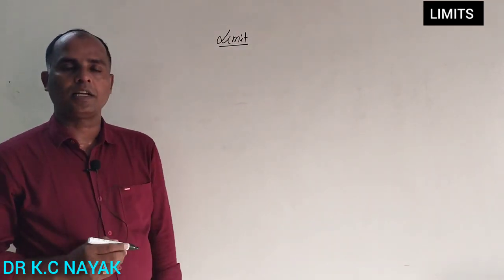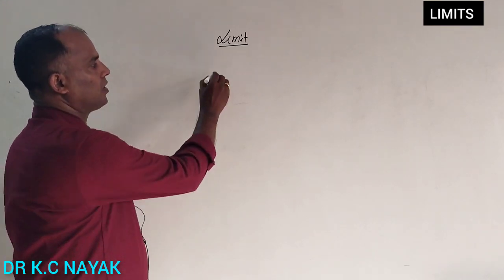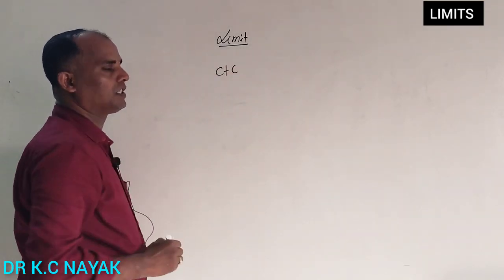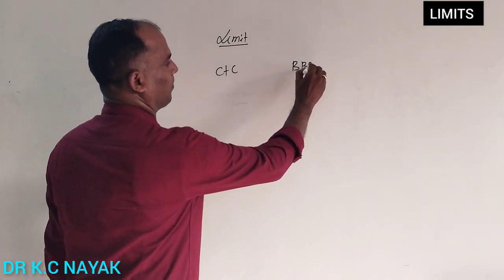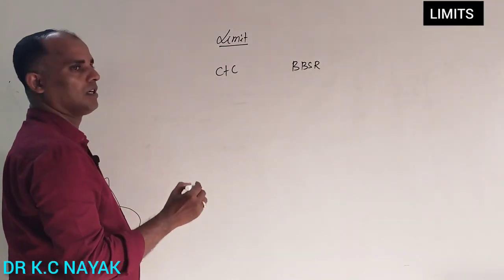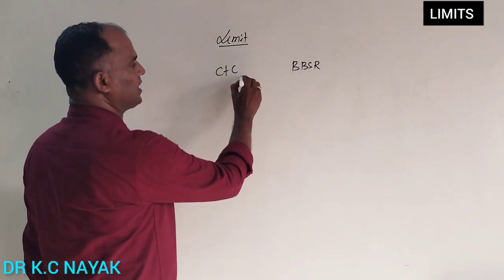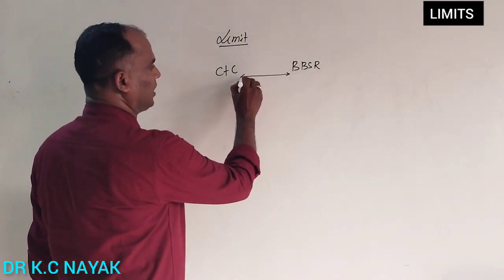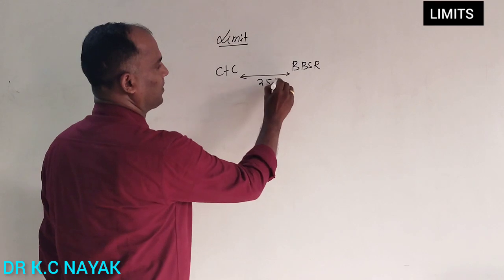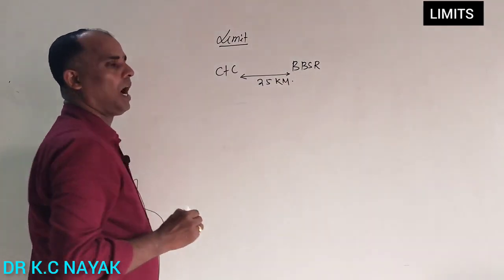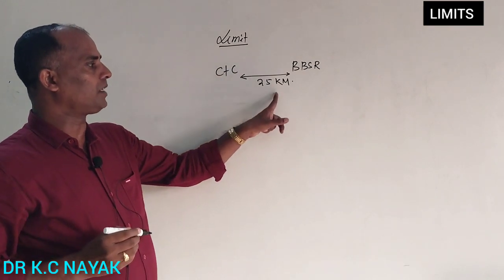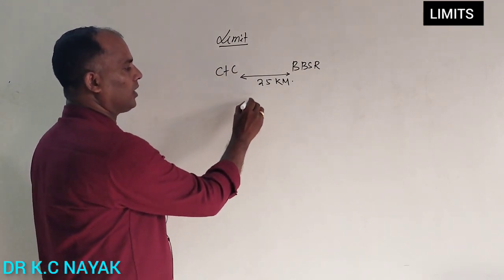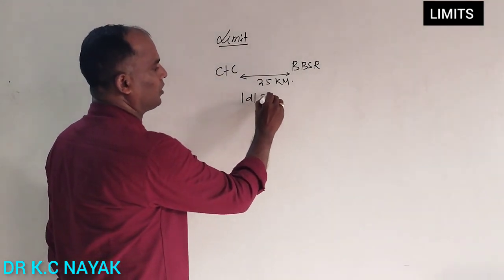Let us consider an example. Suppose Cuttack is a city, and another city is Bhubaneswar. The distance between Cuttack and Bhubaneswar is approximately 25 km. Approximately 25 km means it is not equal to 25 kilometers.